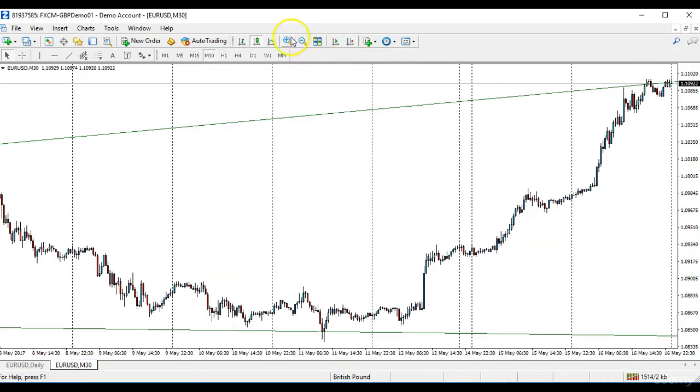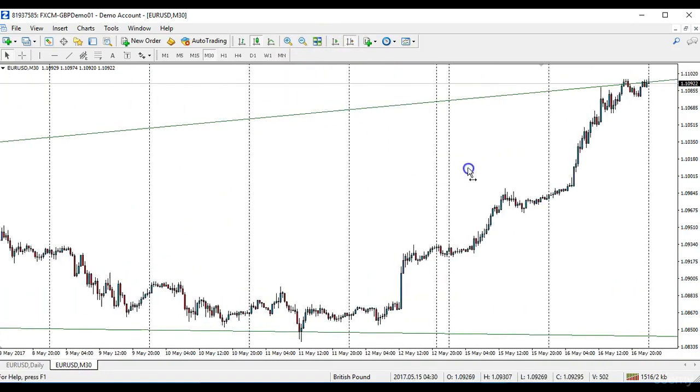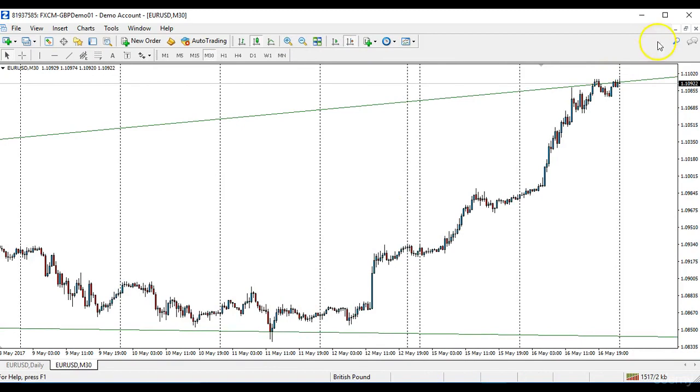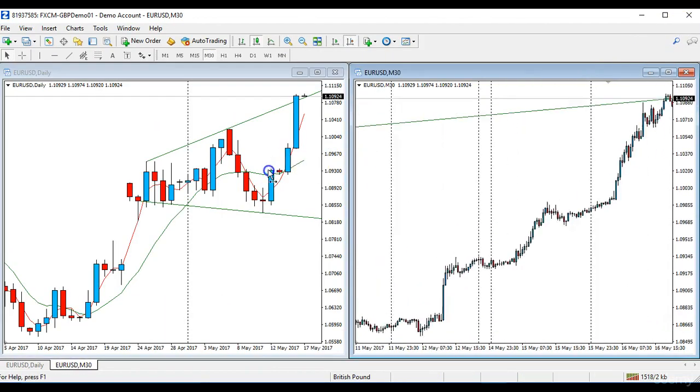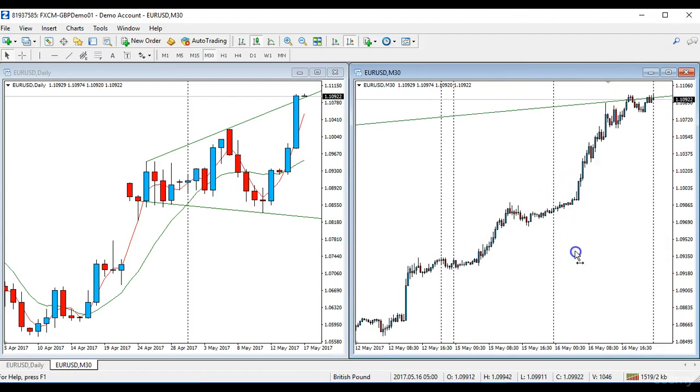Okay, if I go back down to the 30-minute chart, so on the 30-minute chart, we would be looking for opportunities to get into this move.